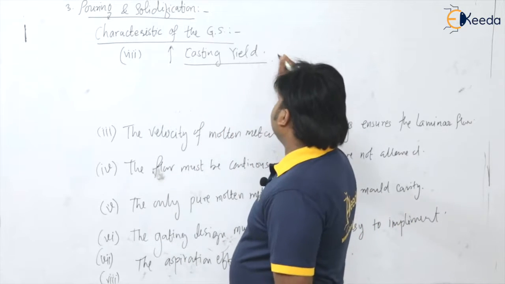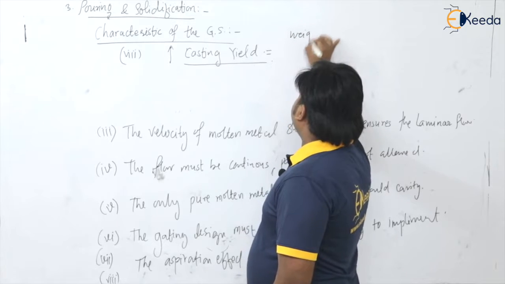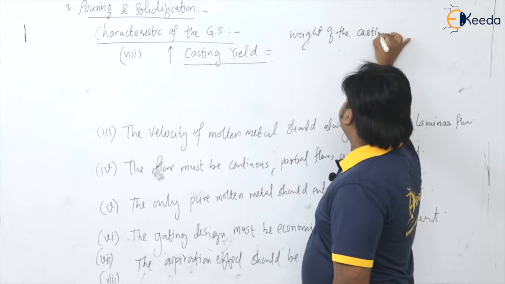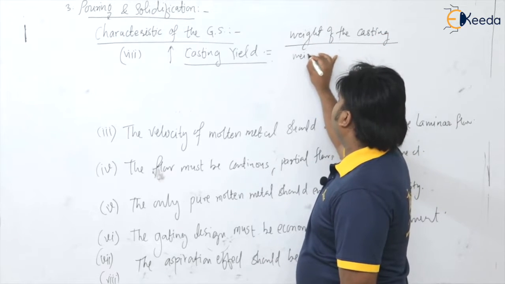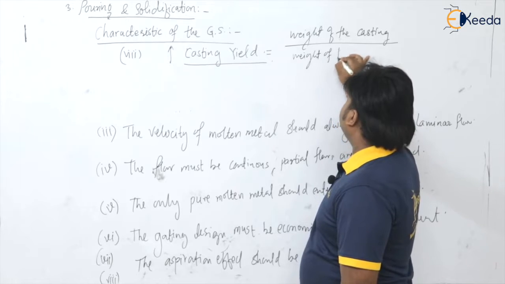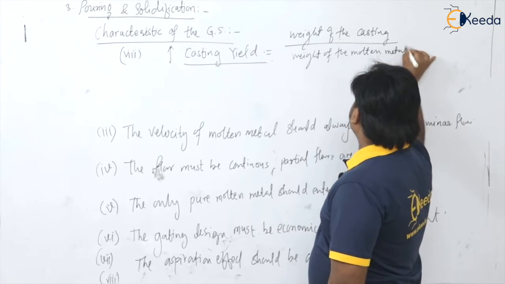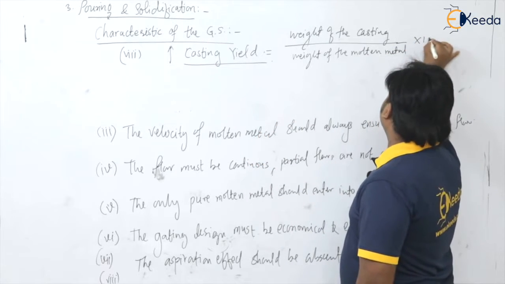So what is meant by casting yield here? It is the weight of the casting divided by the weight of the molten metal which has been poured into the mold cavity, times 100.